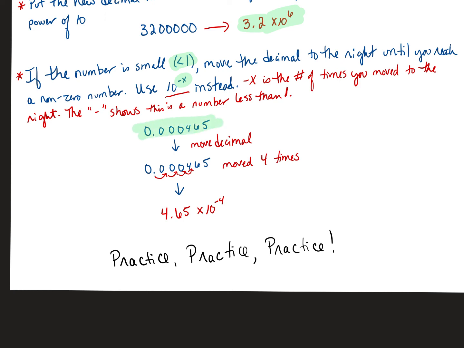I'm going to take that decimal point, and put it over 1, 2, 3, 4 times until I hit my first whole number, or number that's non-zero. So I would write this as 4.65 times 10 to the negative 4.